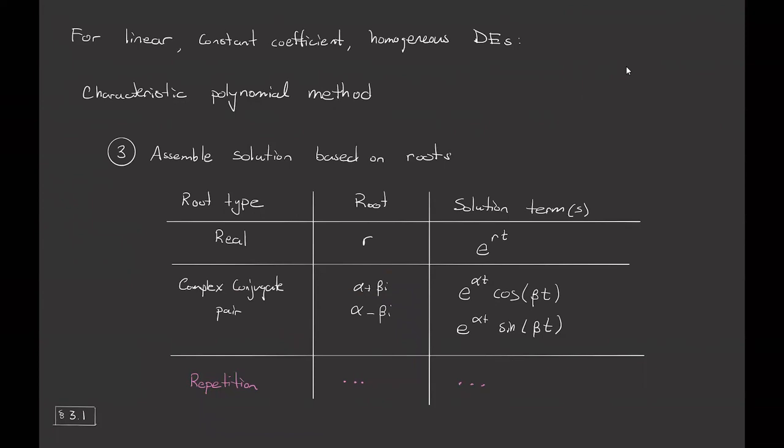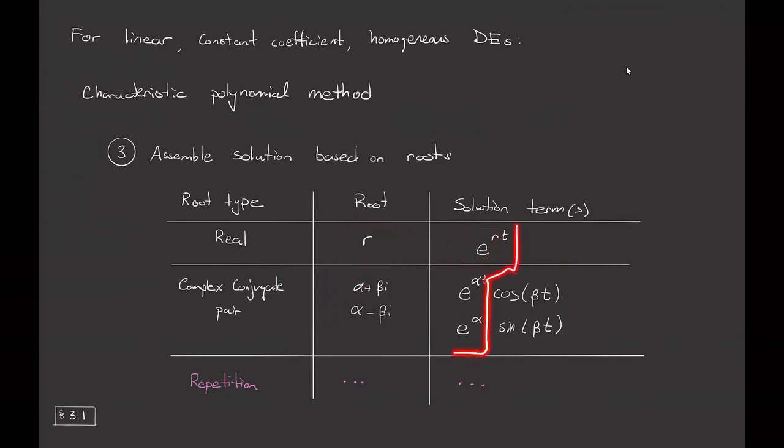Now, along with the fact that you have a complex conjugate pair, you also get 2 terms. Essentially, for every single root, including multiplicity, you get 1 solution term. When we have a pair of complex numbers here, and they're complex conjugates, meaning they're the same, except the sign is different between them, you also get a pair of terms. So you've got a pair of roots, you get a pair of terms. They look like this. The real part is similar to the real root up here.